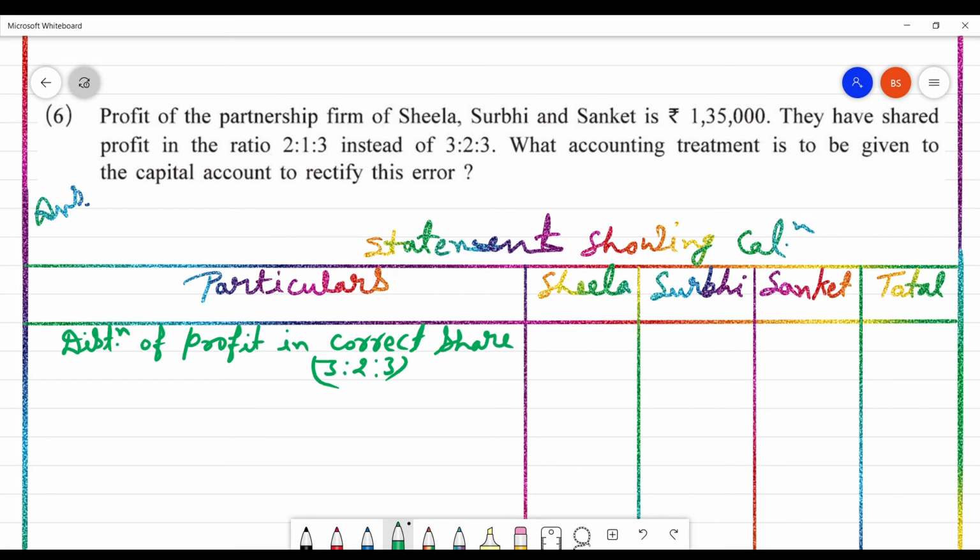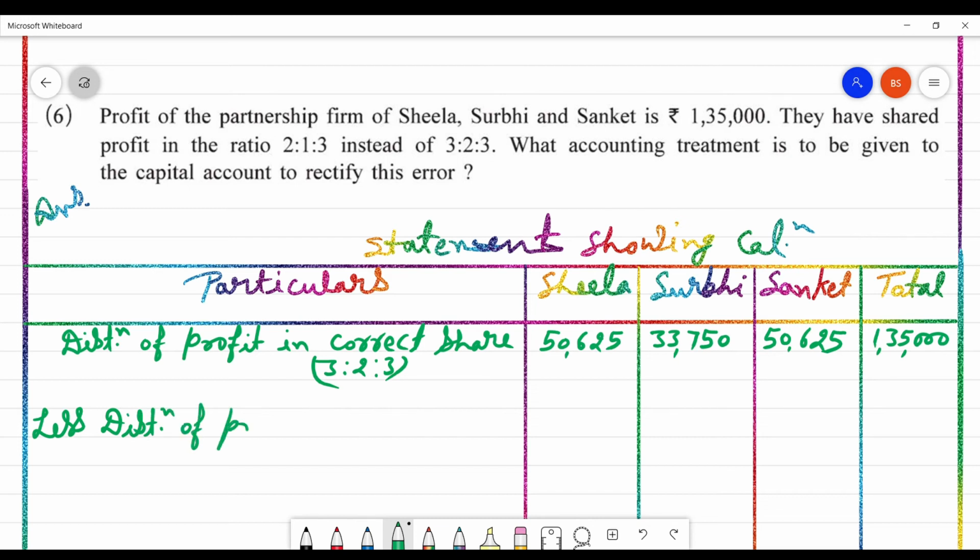So we will distribute 1,35,000 in this ratio. 1,35,000 into 3 divided by 8 is 50,625. Sanket's share also will be same because share is same, and Surbhi's share is 33,750. After that, we will deduct distribution of profit in wrong share.